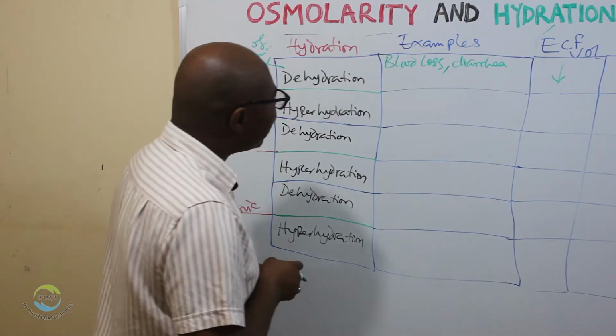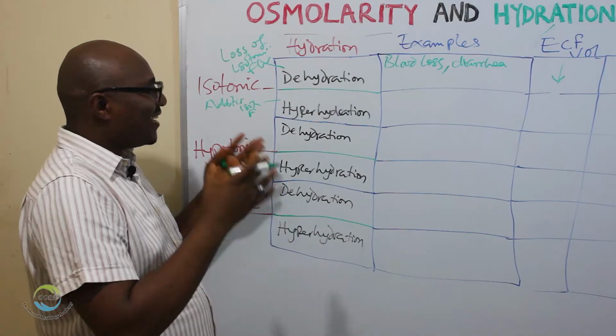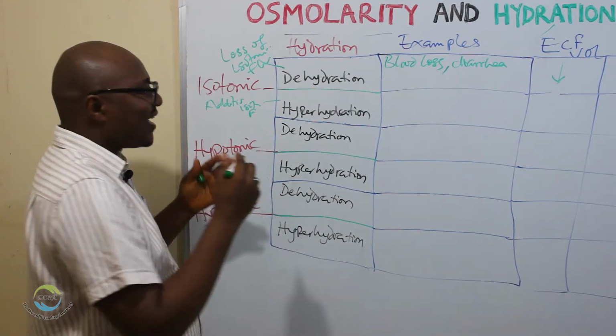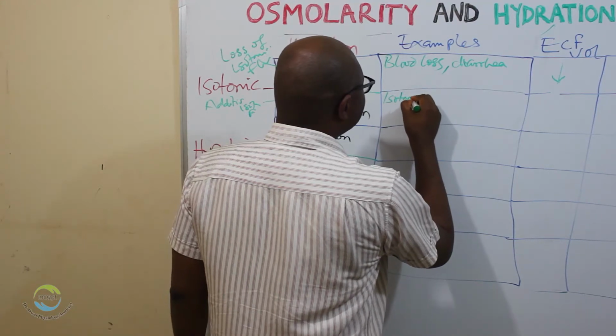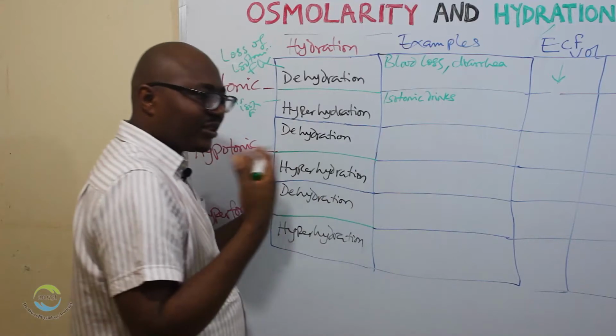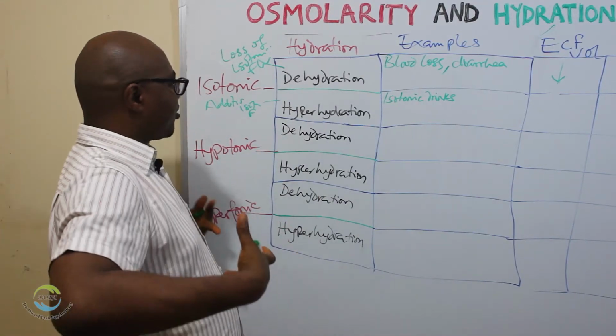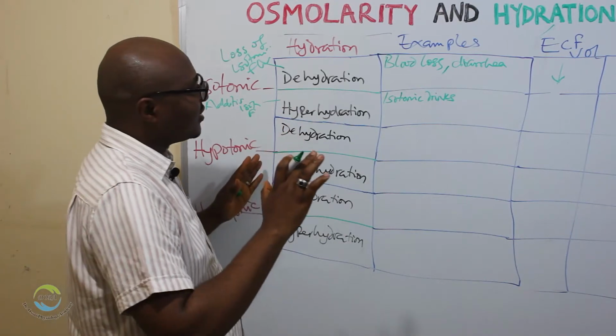Okay. One of them is when you drink isotonic fluids, isotonic drinks. Drink a lot of isotonic immediately to increase your volume. That's hyperhydration, but it is isotonic.